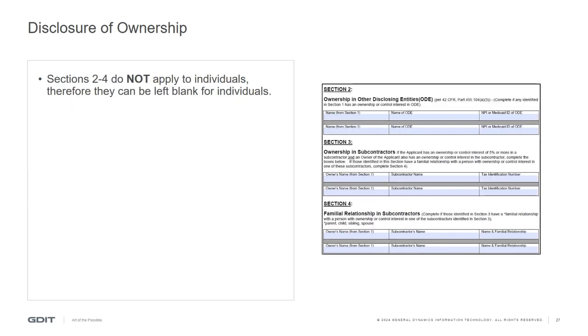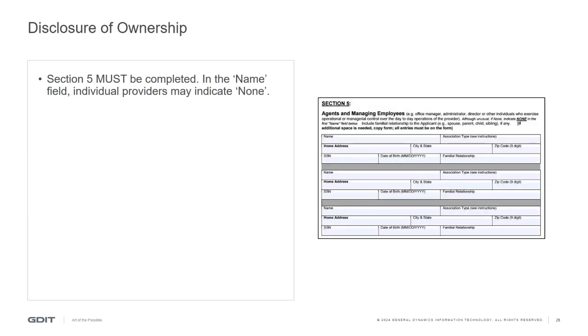Sections 2 to 4 do not apply to individuals, so this can be left blank. Section 5 must be completed. In this section, providers may put none in the name field if they are an individual provider.